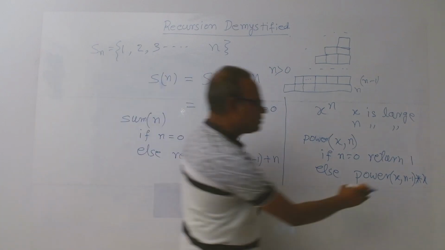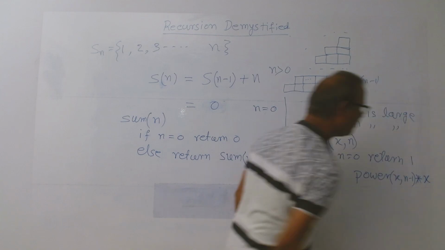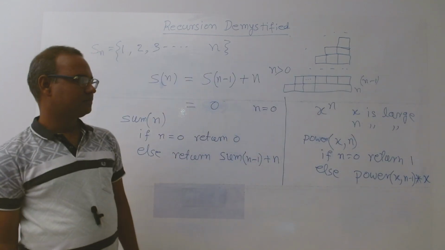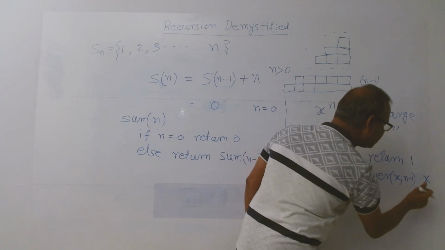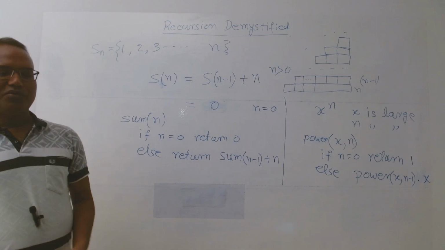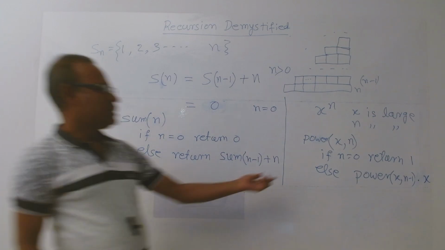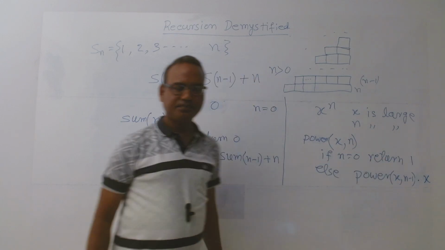Should I write more clearly? Okay, so we can make it a dot, removing all confusion. So else we will return power of x, n minus 1, into x.